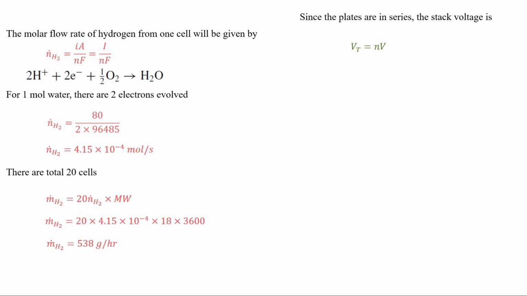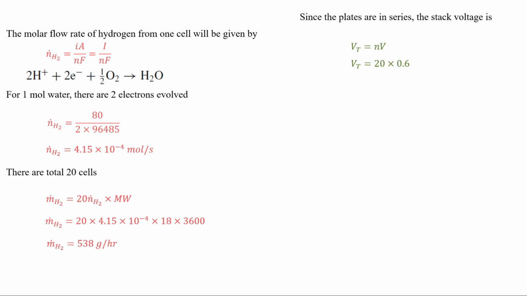Voltage from the fuel cell stack will be n times V. When we join cells in series, the total voltage will be increased, and total voltage will be the sum of individual cell voltages. So there are 20 cells, so n is 20, and each cell is producing 0.6 volt, given in the problem statement.